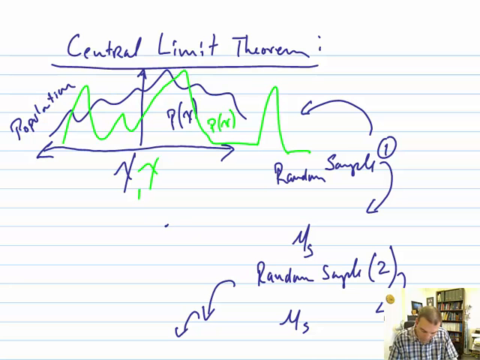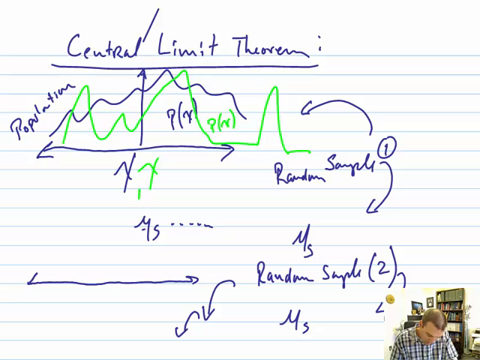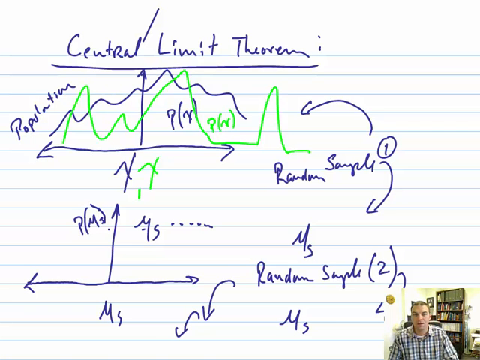And I'm going to come up with a collection of mean values for my sample. So I'm going to have mu s, and I'm going to have a whole bunch of these different values. Now what I'm going to do over here is plot mu s and then the probability of finding mu s. So the probability of finding a particular mean value for my sample.